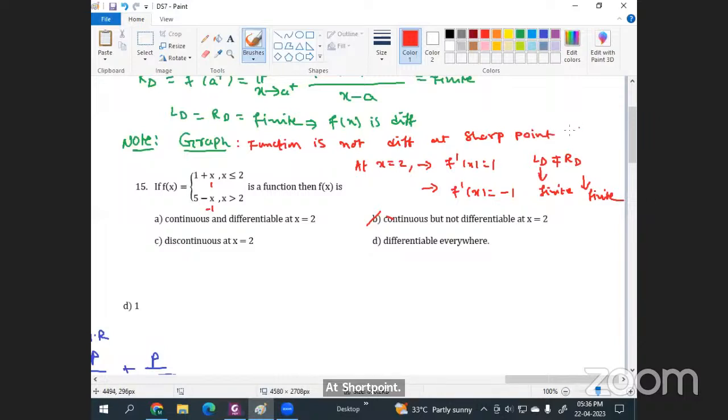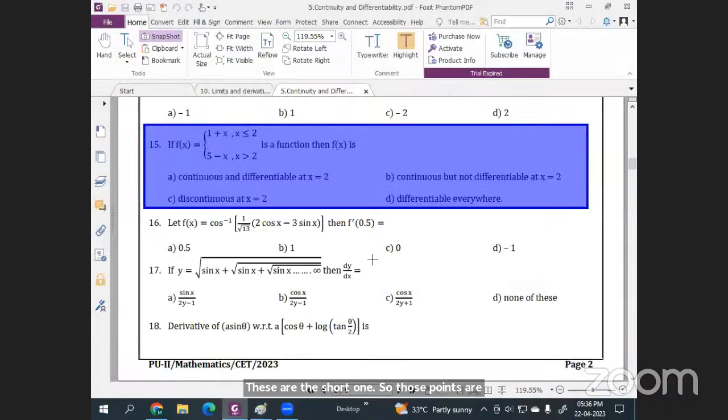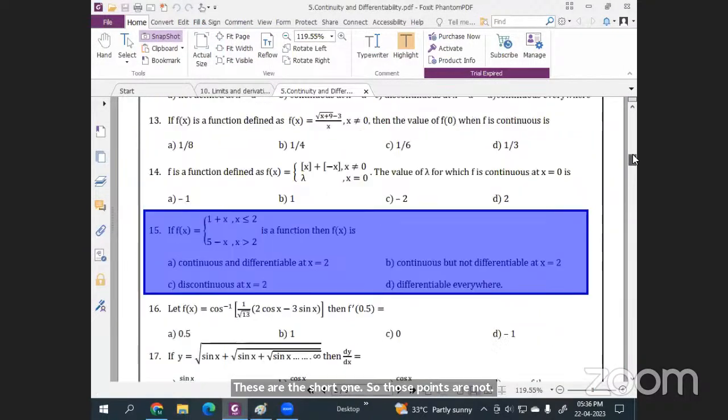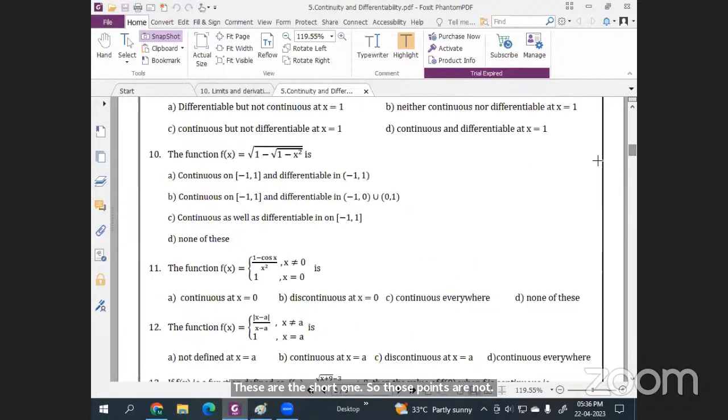Sharp point means what? This is the sharp point. These are the sharp points. So those points are not differentiable. So I'll go for the question here in the graph.